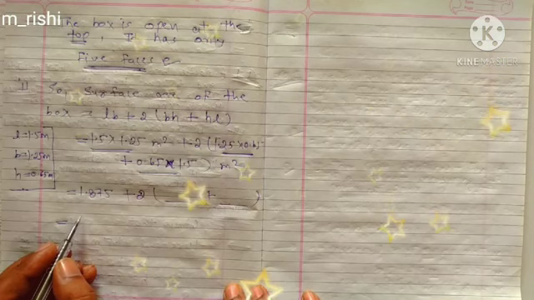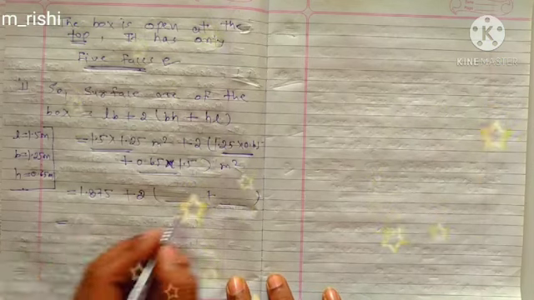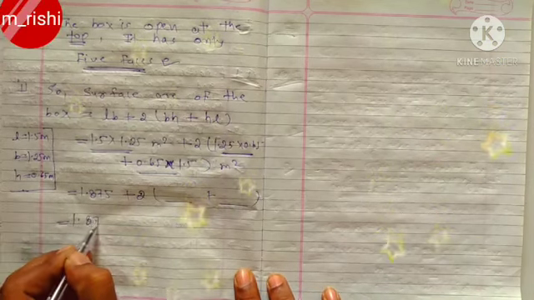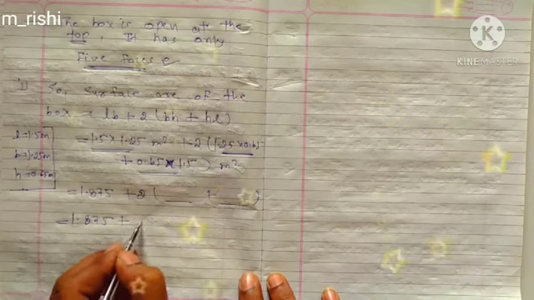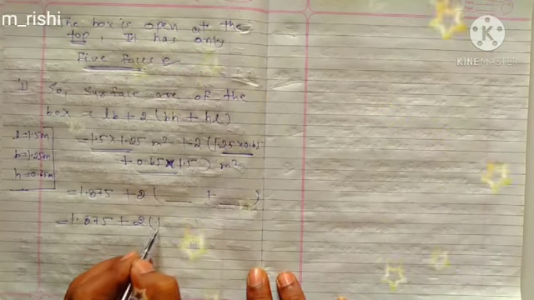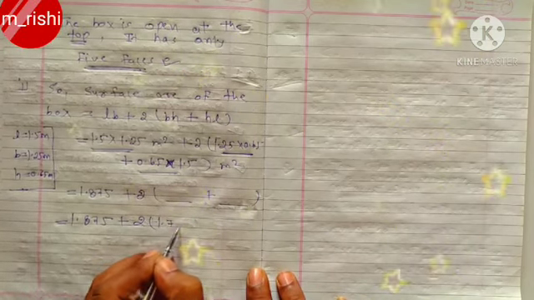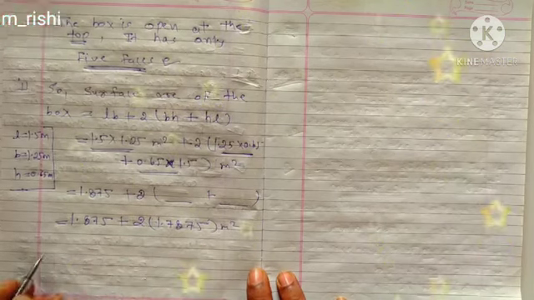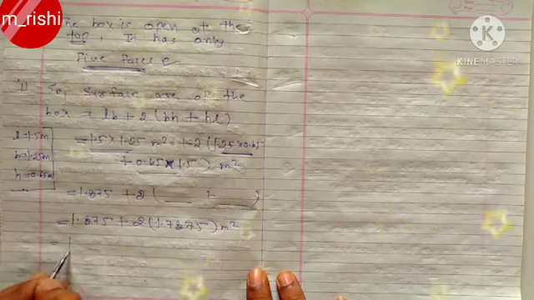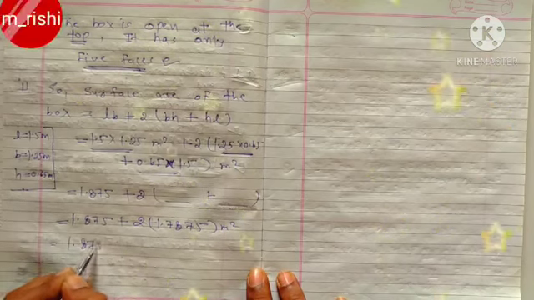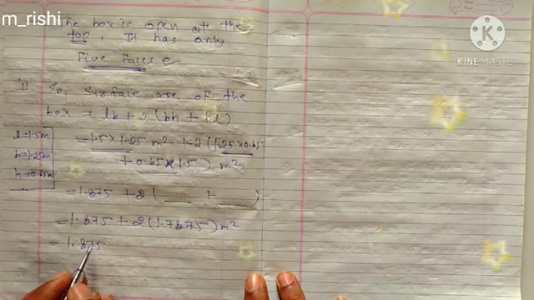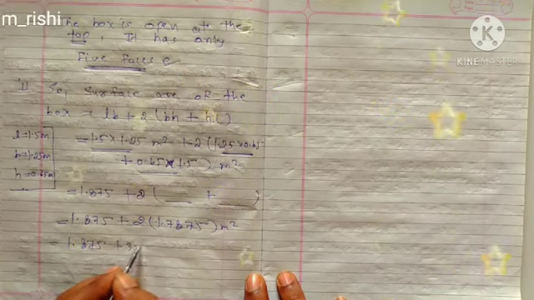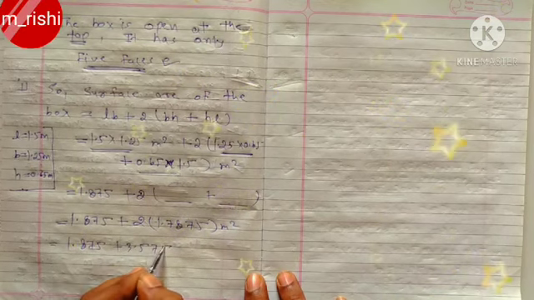I obtain these two values, add them and multiply by 2.